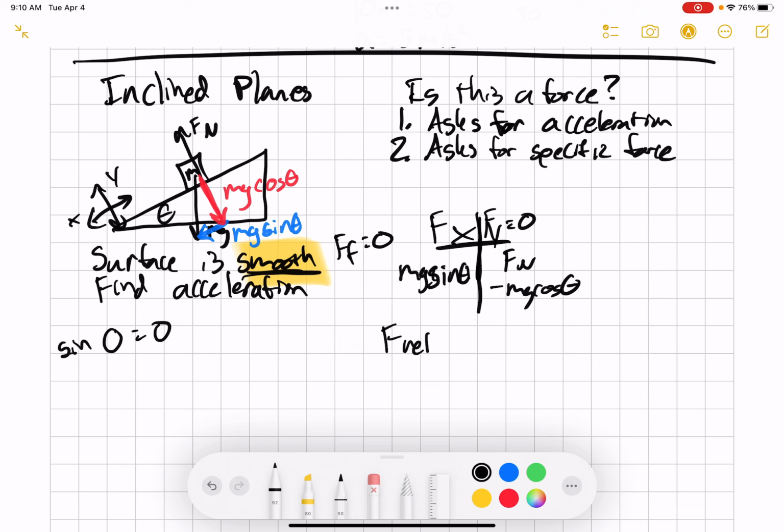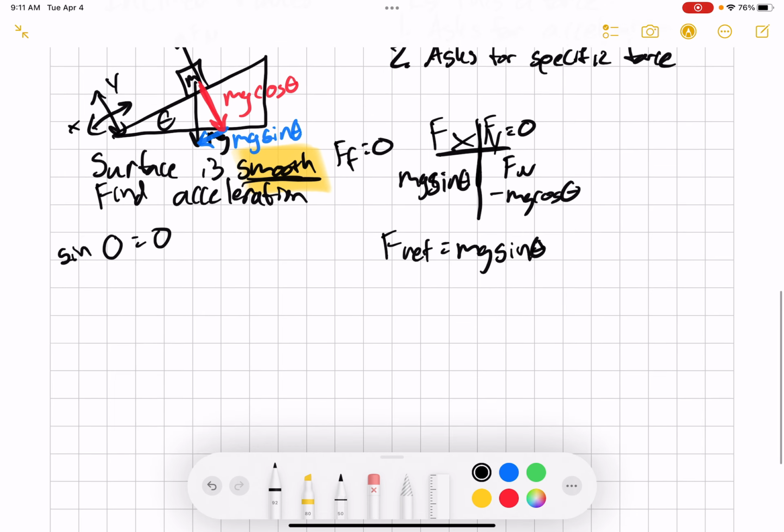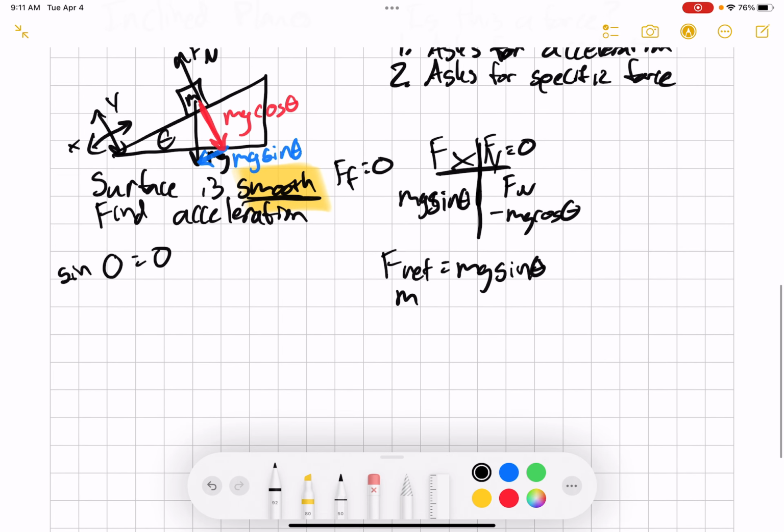So my Fnet is equal to mg sine theta. I'm going to plug in ma for Fnet, so I have ma equals mg sine theta, and then a equals g sine theta, as I just cancel out those m's. So not too difficult of a question here, hopefully.